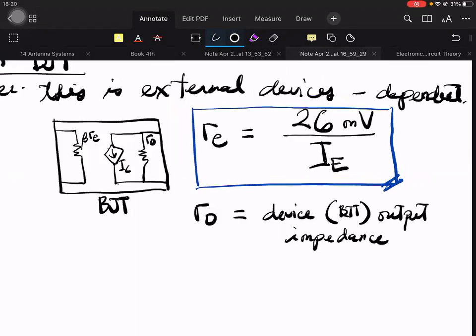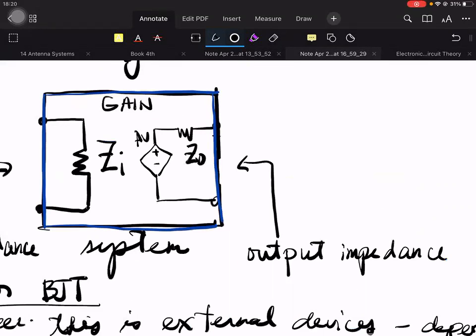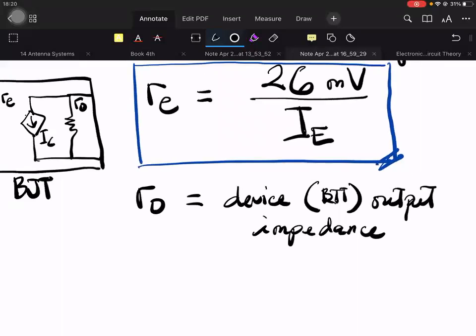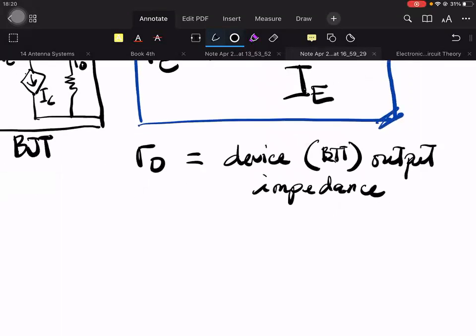Which is different from the amplifier output impedance ZO, which will be calculated. This RO is the internal output impedance of our BJT or our device, and it is almost always given, so no need to worry.